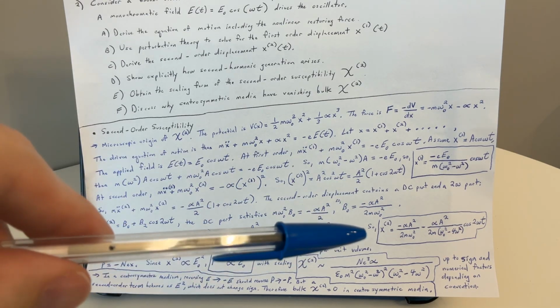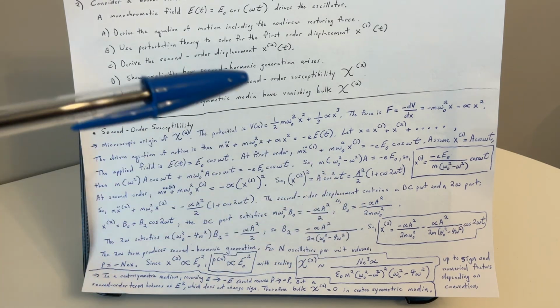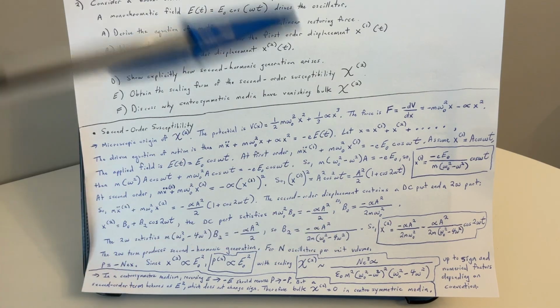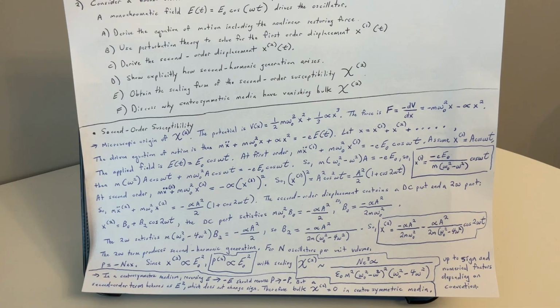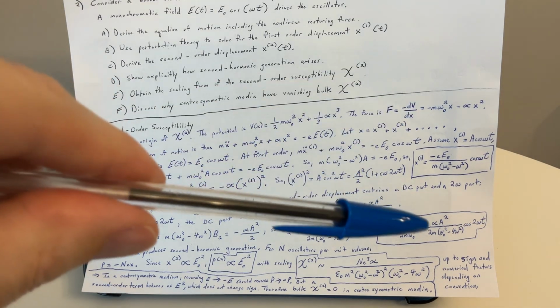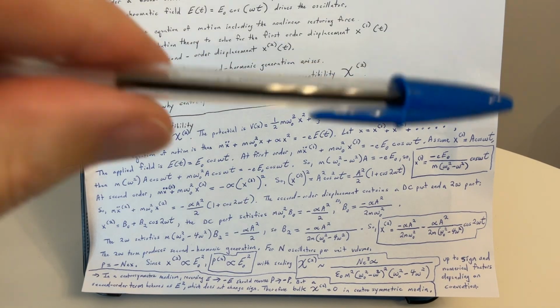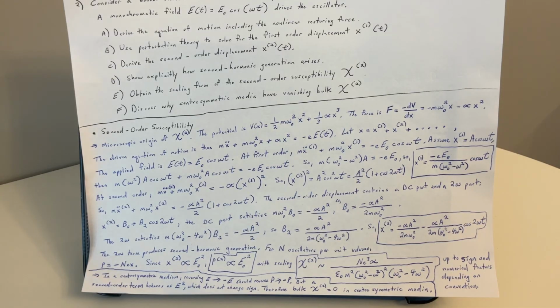So, okay, for our second order displacement here, we get x second order equals negative alpha a squared over 2m omega naught squared, minus alpha a squared over 2m times the quantity omega naught squared minus 4 omega squared, times cosine 2 omega t.